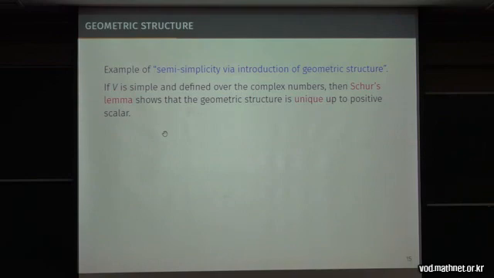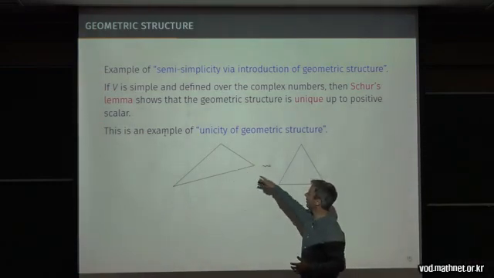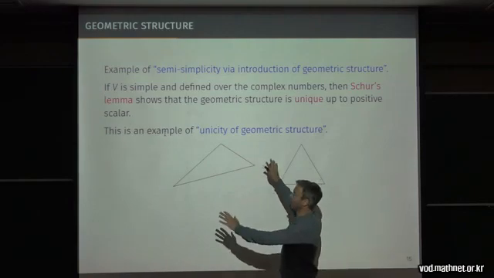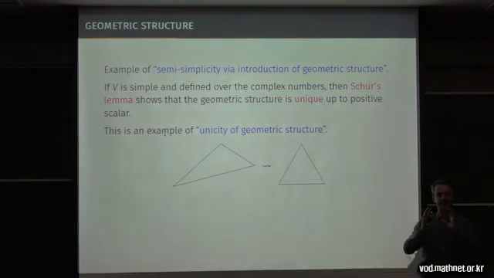And so it's rather remarkable. Any irreducible representation has a unique geometric structure on it. So if in this first slide I'd chosen the wrong basis so that things were wonky, then I would do this averaging procedure and miraculously this would make my triangle equilateral.